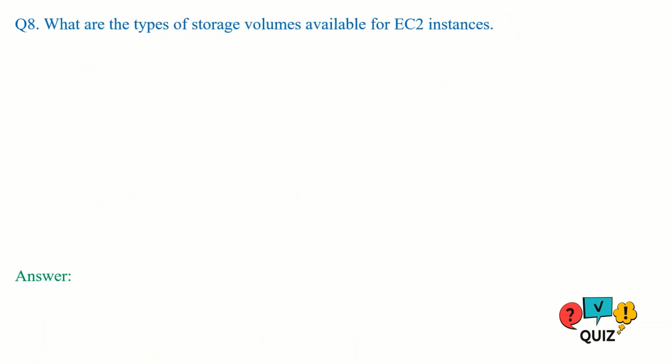What are the types of storage volumes available in an EC2 instance? When we create an EC2 instance, a virtual machine, there are two types of volumes that can be attached. I'll be more than happy if you could give at least one name, the storage name.